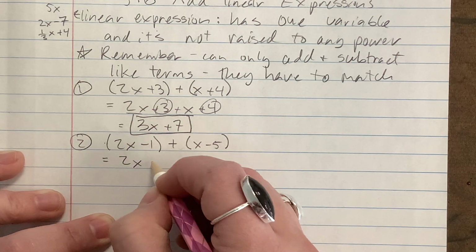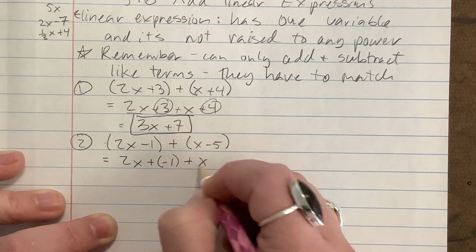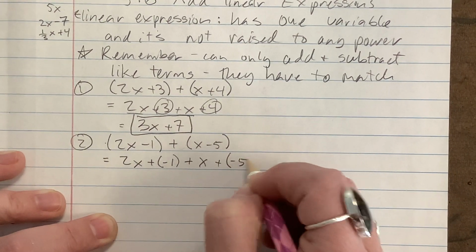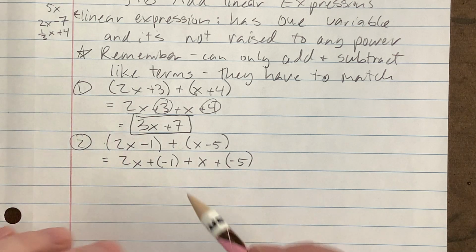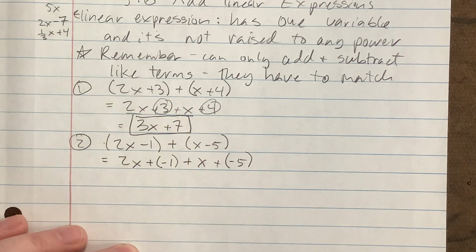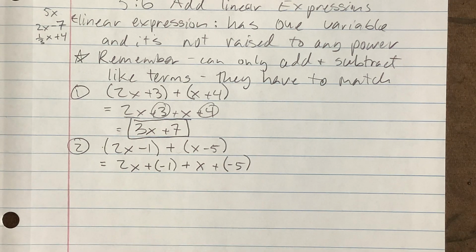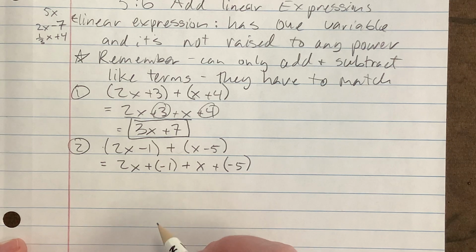So 2x, and then we could write it plus -1 plus x plus -5. If you don't need to do that step, then you don't have to. I'm hoping you can get to a point where you see a minus and you just know that the number that comes after it is negative. But from here, it definitely makes it super clear.